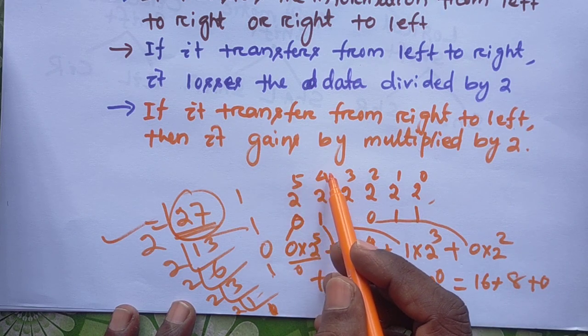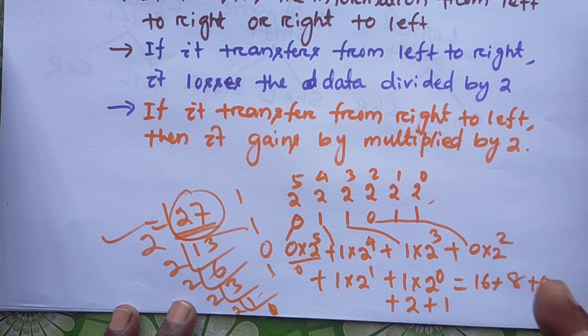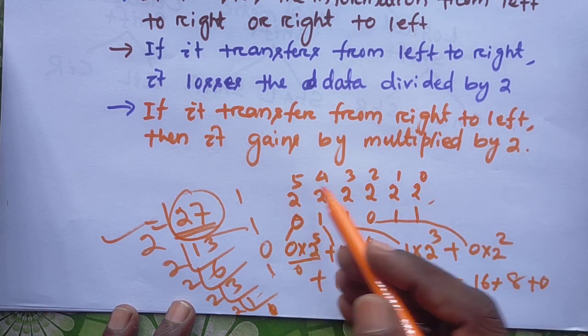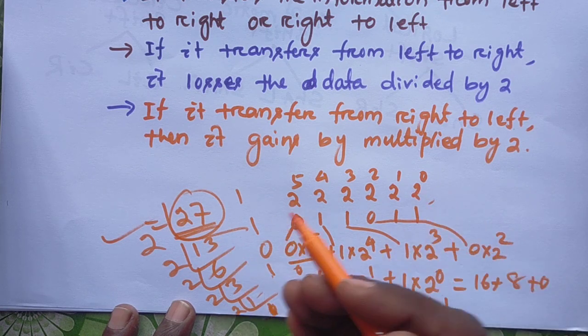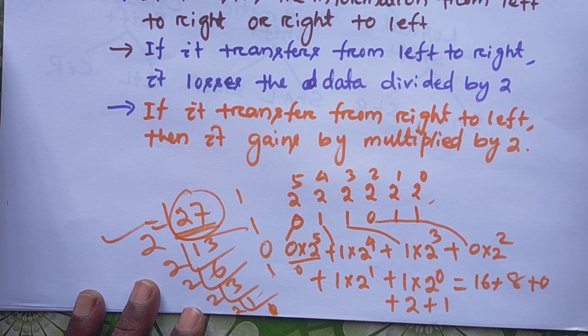You see 5 4 3 2 1, 2 to the power is down. That means it is a loss, slowly loss. And if you go from right to left, it will be multiplied by 2. So in this manner, the data is counted from left to right or right to left.